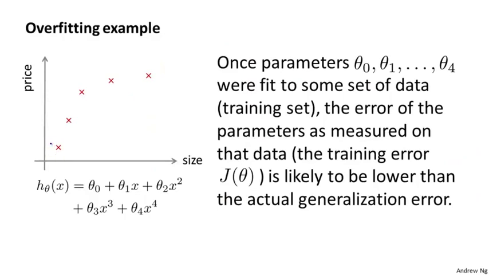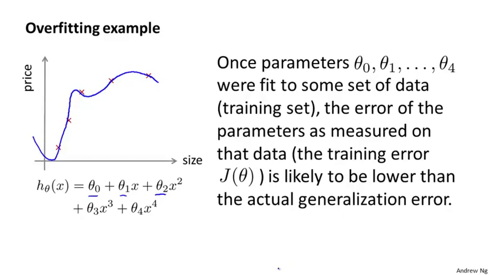We've already seen a lot of times the problem of overfitting, in which just because the learning algorithm fits a training set well, that doesn't mean it's a good hypothesis. More generally, this is why the training set error is not a good predictor for how well the hypothesis will do on new examples. Concretely, if you fit some set of parameters, theta 0, theta 1, theta 2, and so on, to your training set, then the fact that your hypothesis does well on the training set doesn't mean much in terms of predicting how well your hypothesis will generalize to new examples not seen in the training set.